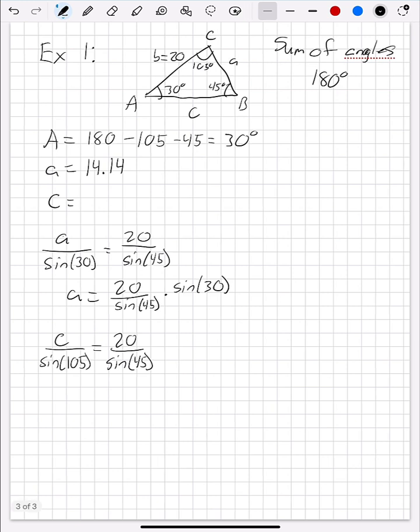So multiply over and plug it in the calculator, again making sure you're in degrees, and I get 27.32. So that would be an example of how to solve for each of those missing parts.